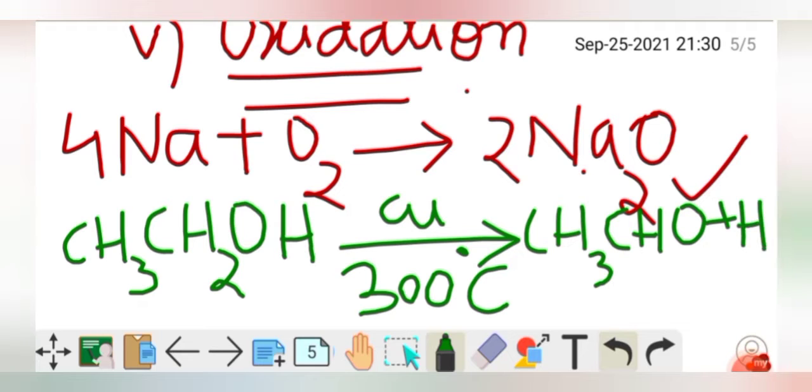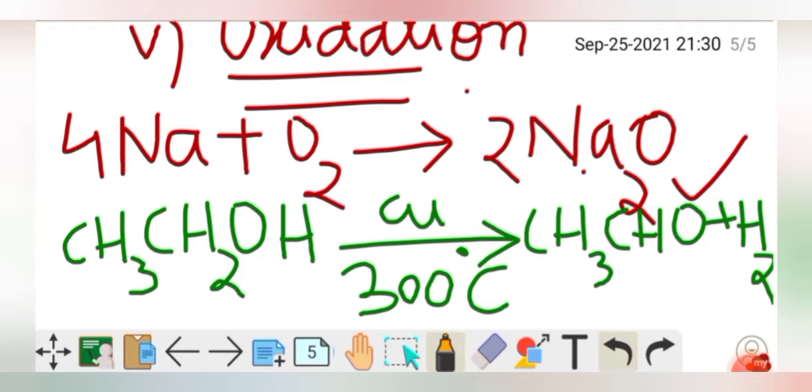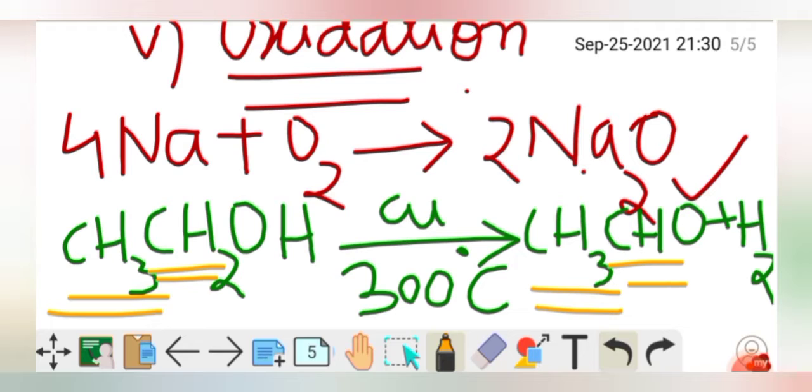Here I'll explain how hydrogen or oxygen is released or gained. See here, there is CH3, here also CH3. Then here again CH and C. How many hydrogen atoms are there? 3. And here also 3, only this has been split up.